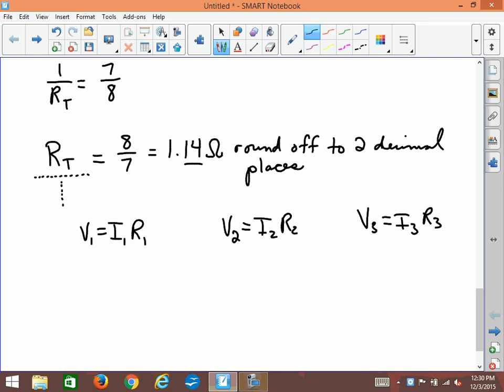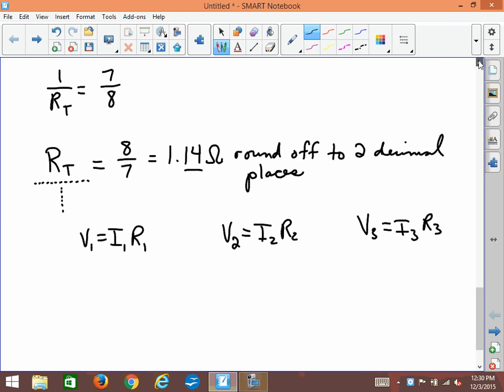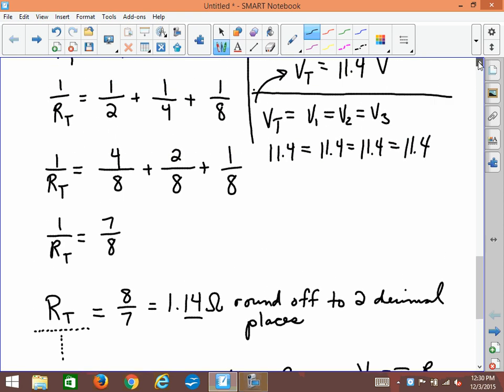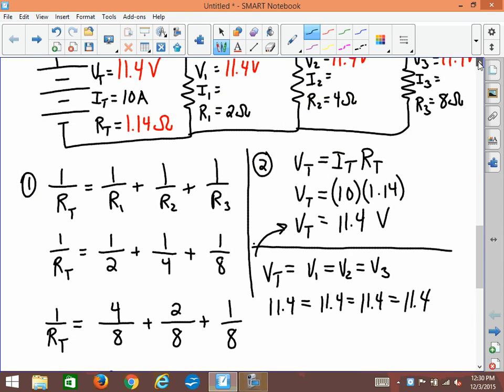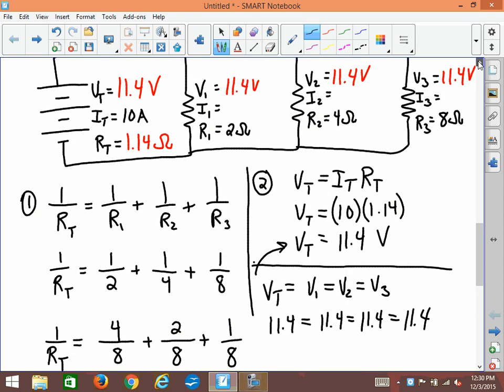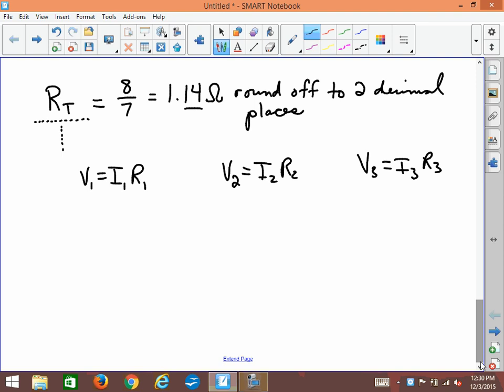In the first case, let's go back up to number 1 just to make sure. We have 11.4 volts and 2 ohms. So I can put in here 11.4 volts. I don't know the I, but I know that it's 2 ohms. If we divide both sides of this equation by 2, we will get the answer.